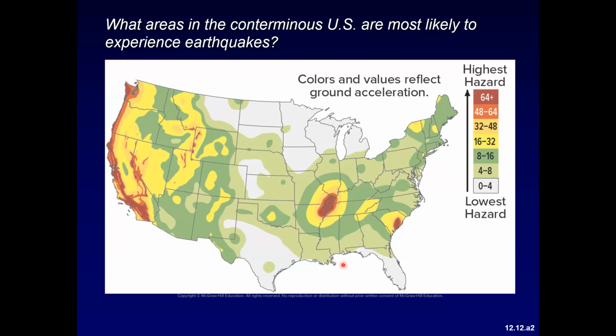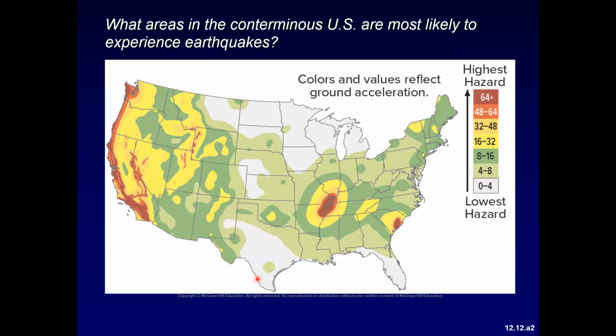So focusing on the United States, we have a map here showing earthquake hazard. The colors and values reflect ground acceleration here, and the red zones are the highest hazards. Again, this is the New Madrid area near Missouri and South Carolina, which a lot of people who live here don't even know how at risk those areas are for earthquakes.